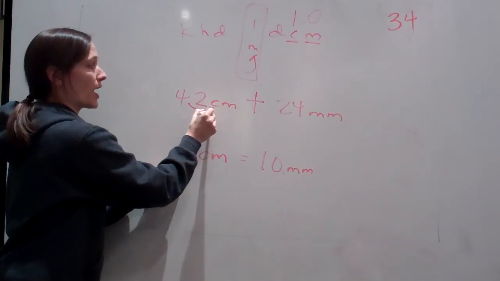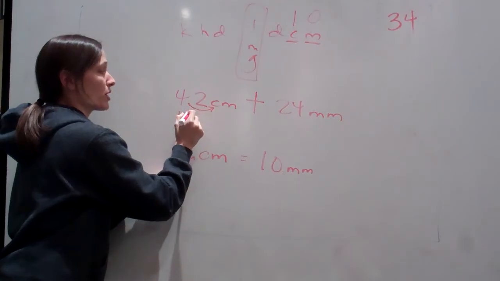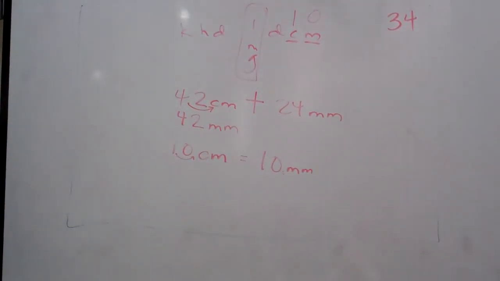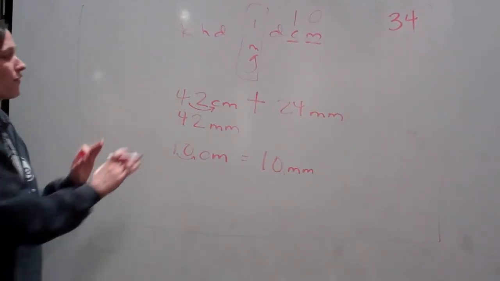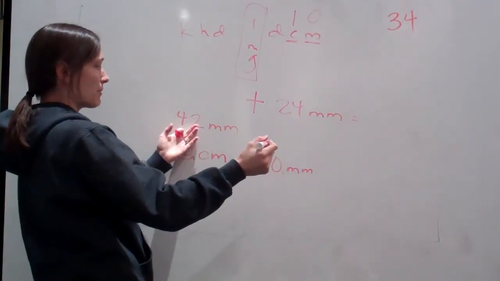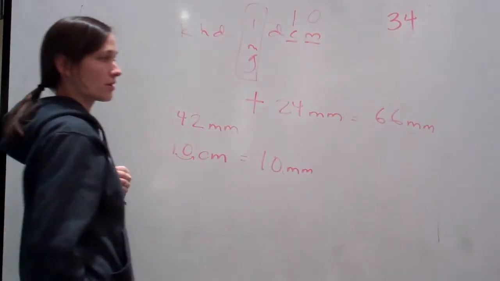Move it one spot to get it there. So 4.2 centimeters is 42 millimeters. Okay? Everybody understand? So 42 millimeters plus 24 millimeters equals how many millimeters? 66 millimeters. Okay?